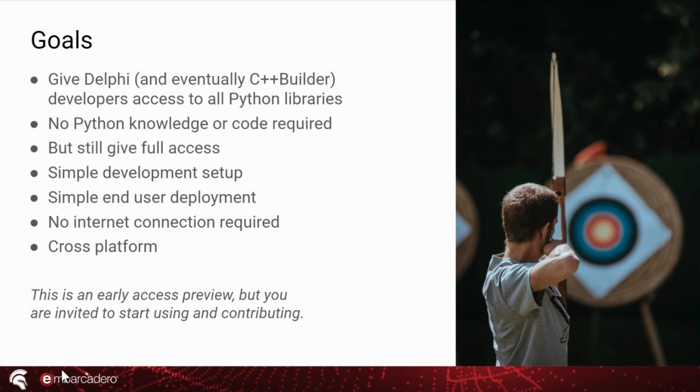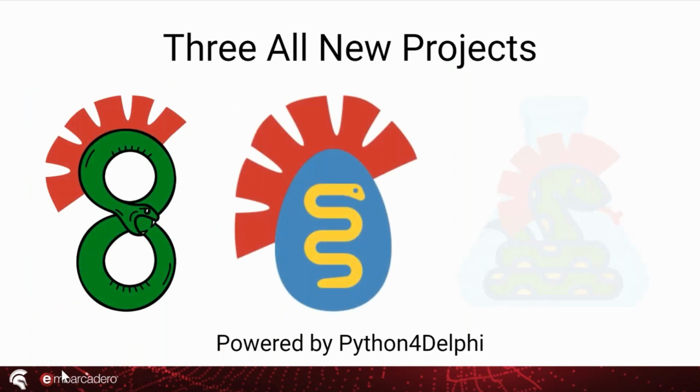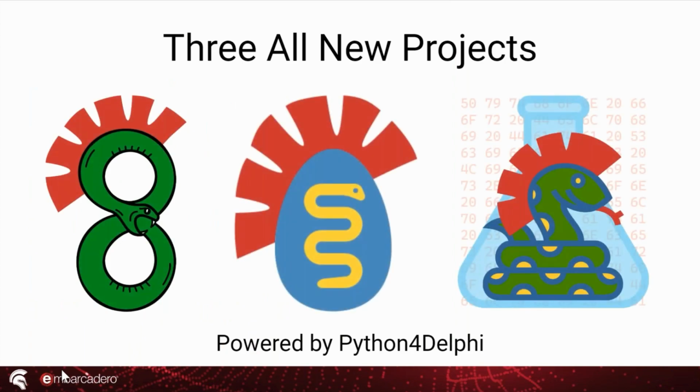We're like, okay, we got you. We're going to give you full access, but still give you the ability to not have to know Python, not have to work with Python, but if you want to, it's still there. And just simplify the setup on your computer, simplify end-user deployment, all cross-platform, no internet connection required to get started, just get going. So we have three new projects here, and let's get started talking about these.